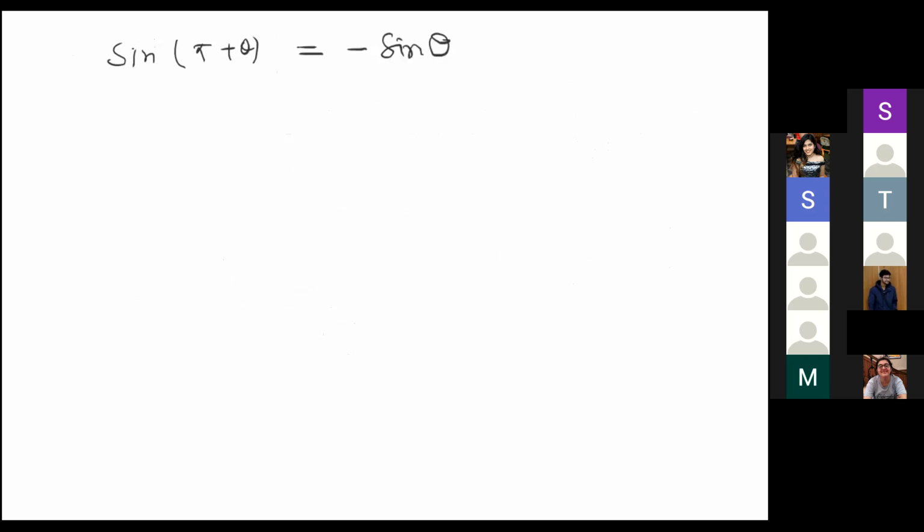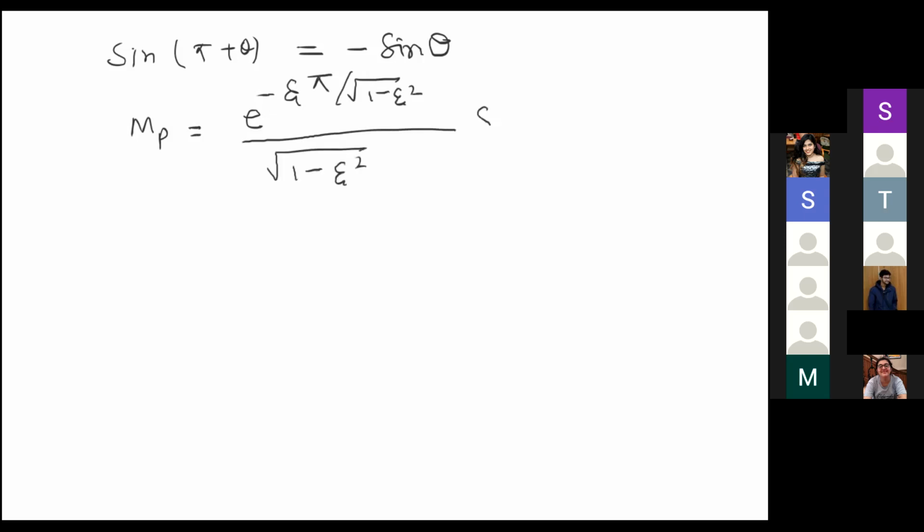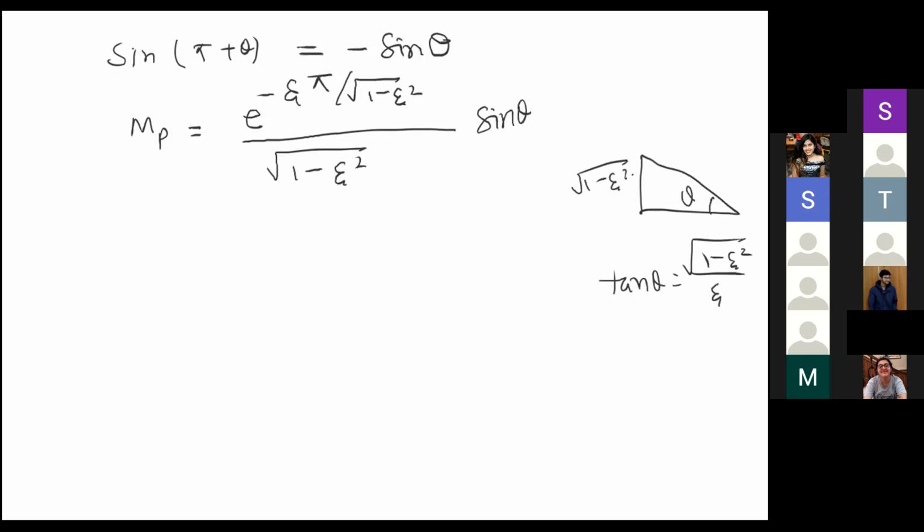So now Mp will become, minus will be cancelled out, plus zeta pi by under root of 1 minus zeta square, upon under root of 1 minus zeta square, and this is sine theta. As you know, in the case of tan theta, it is under root of 1 minus zeta square upon zeta. So this is nothing but 1 minus zeta square, and this one is zeta. So this comes out to be 1.